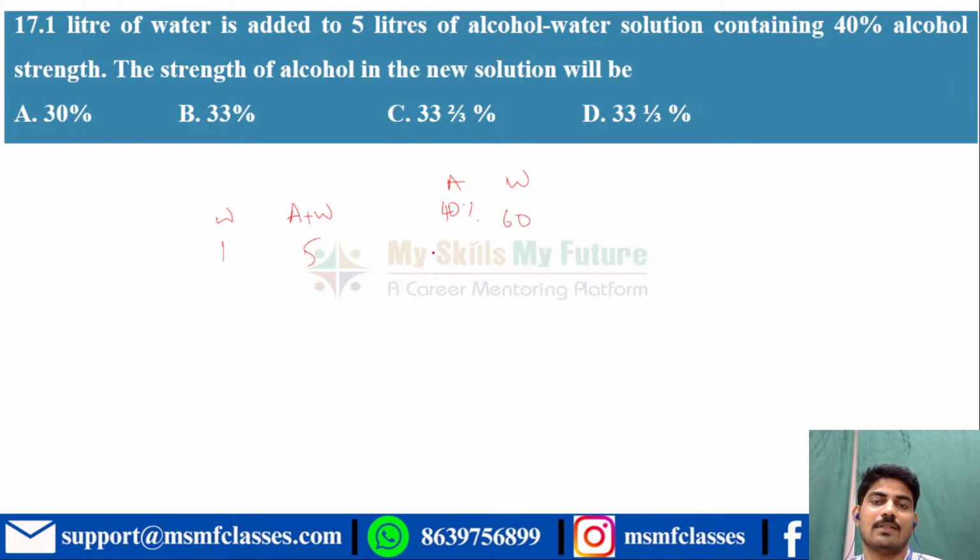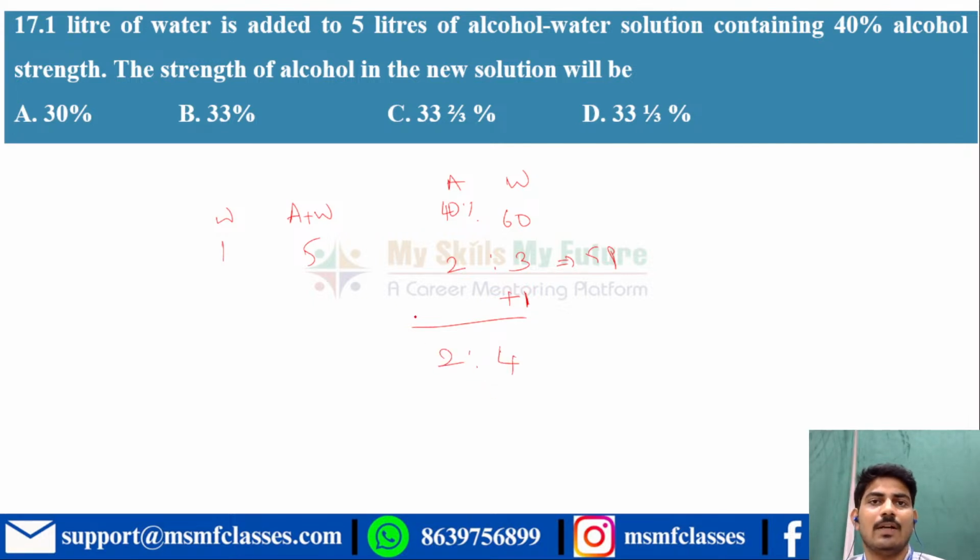So the remaining will be 60 percentage. If I convert this into ratio form, it will be like 2 is to 3. So this will be like 5 parts, which means there are 2 parts of alcohol present and 3 parts of water present. After we add 1 part, 1 liter of water here, it will be like 2 is to 4.